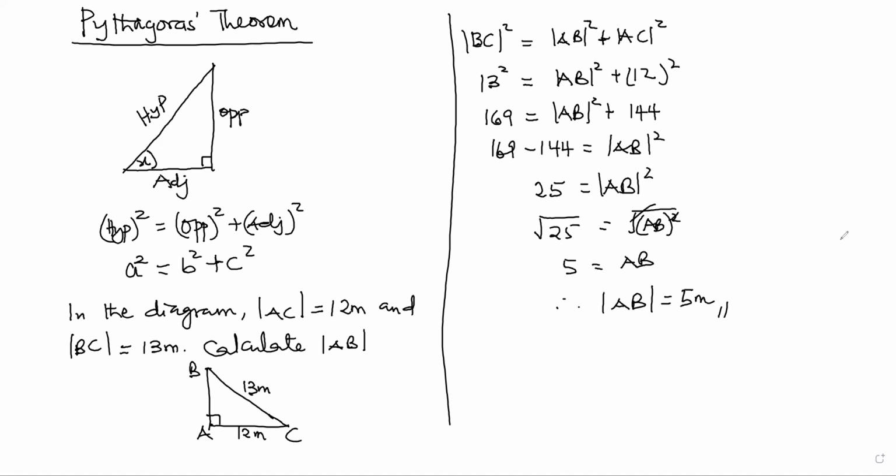Okay. Let's take another question again. If I have a triangle, a right angle triangle looking like this. Right here is 2 root 5.